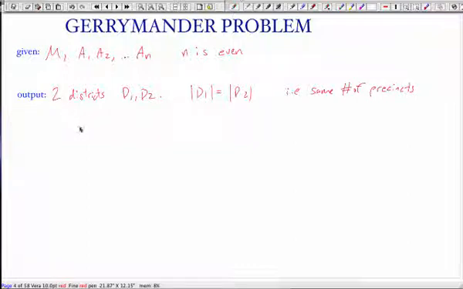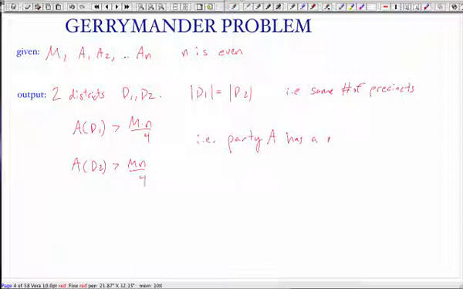And we would like it that the number of people that vote for party A in District 1 is a majority. So we would like the districting to be such that party A has a majority in both of the districts.